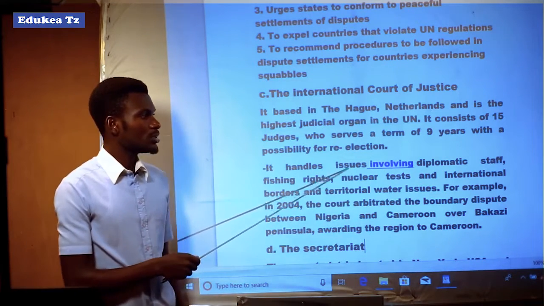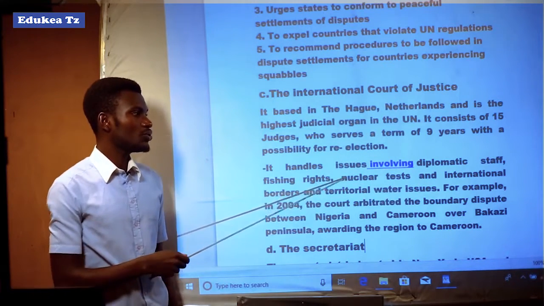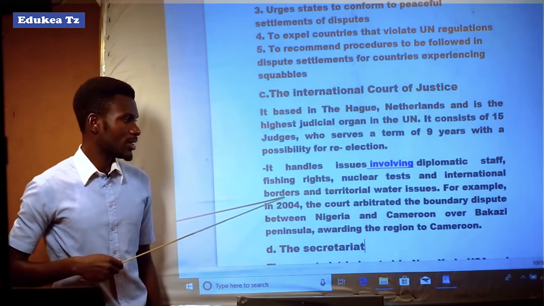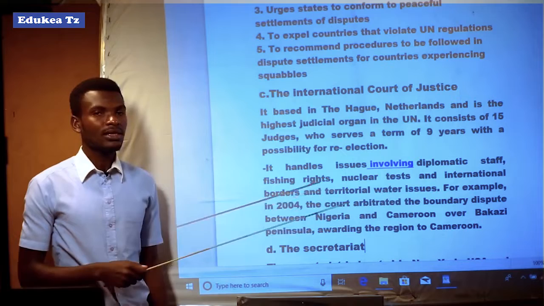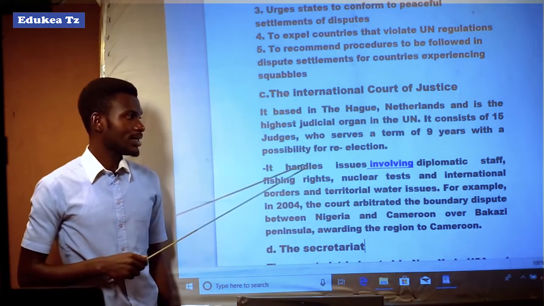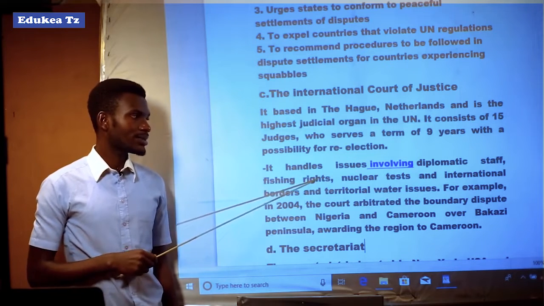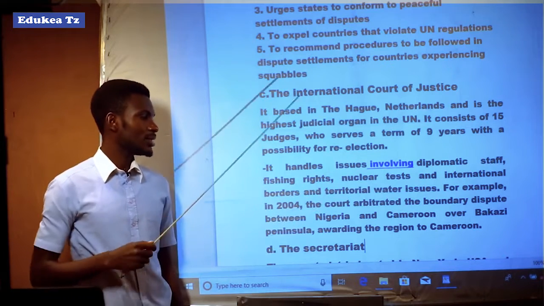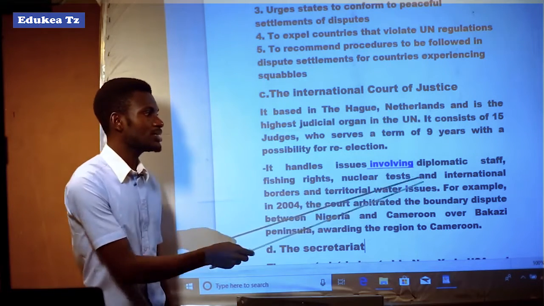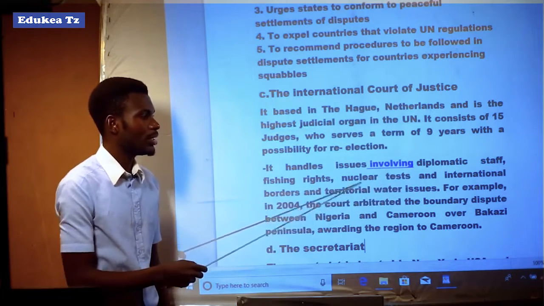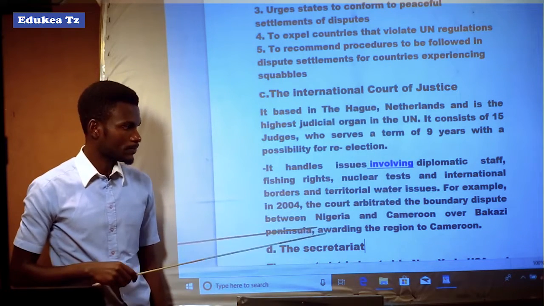It handles issues involving diplomatic staff, fishing rights, nuclear tests, international borders, and territorial water issues. So all these matters lie under the International Court of Justice.